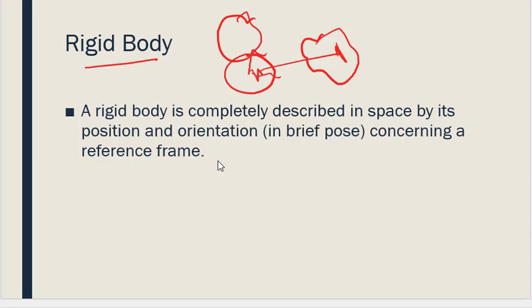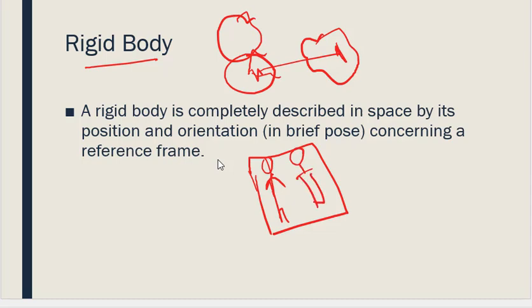If we say one friend is on the bed, and a few minutes later that friend is still on the bed, the structure has changed in shape, but the area is in the same place. A rigid body can sustain its shape and cannot deform easily.